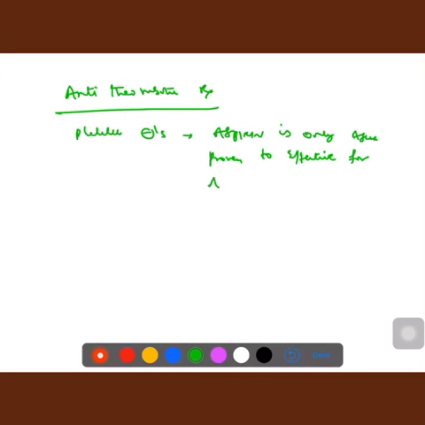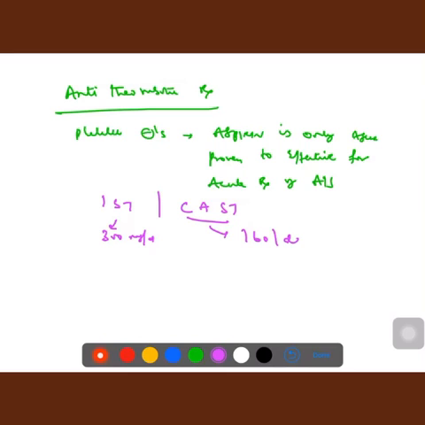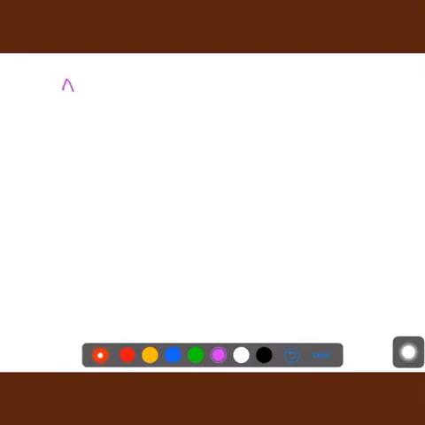Clopidogrel, dipyridamole, and all others can be used in secondary prevention. According to IST, International Stroke Trial, and CAST, Chinese Acute Stroke Trial: in the International Stroke Trial, they used 300 milligrams per day, in the Chinese 160 milligrams per day of aspirin. These trials proved the beneficial effects of aspirin.